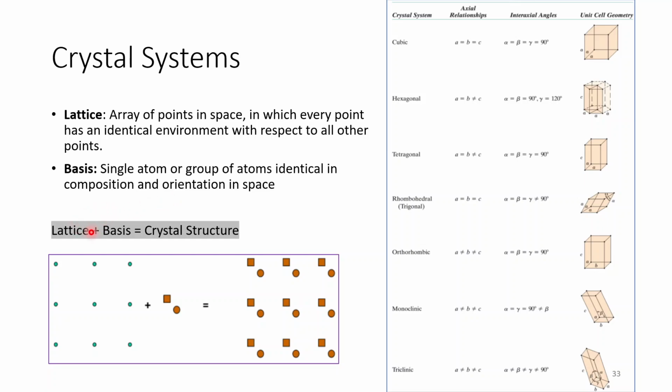Now both of these combined, if you put bases at the lattice points, then you will have a crystal structure. And these are the various crystal systems, 7 crystal systems that are possible: cubic, hexagonal, tetragonal, rhombohedral, orthorhombic, monoclinic, and triclinic. So as you are going down, cubic has the highest symmetry and triclinic has the lowest symmetry.